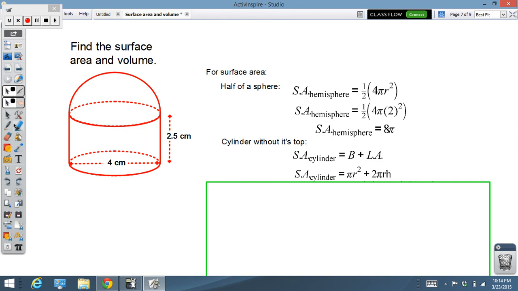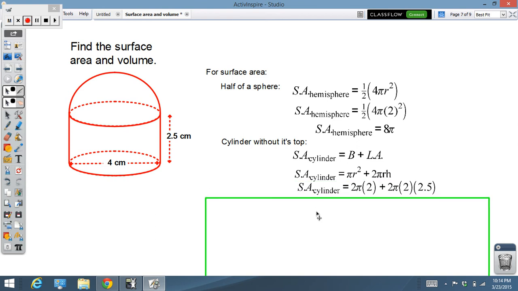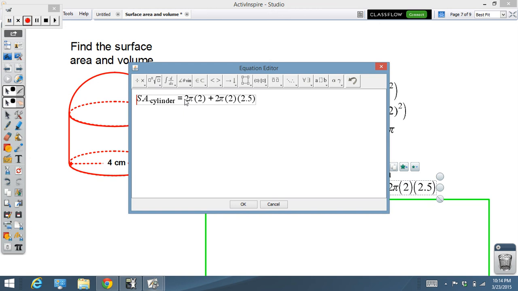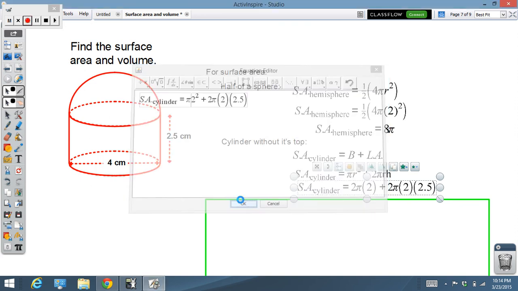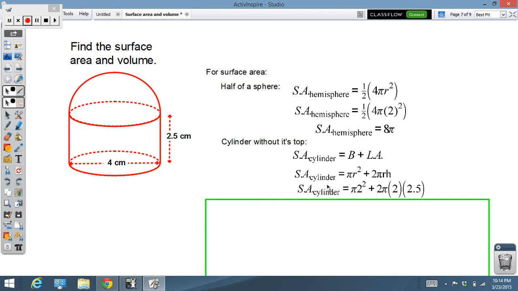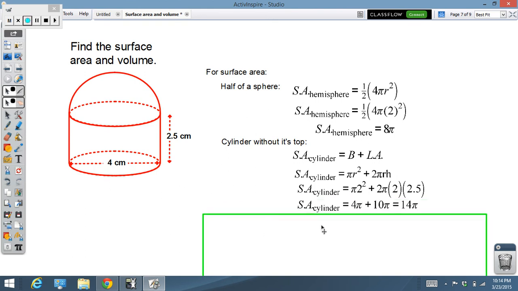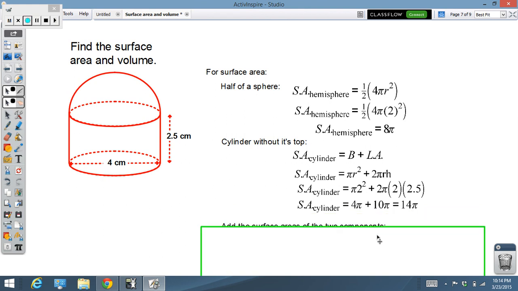The lateral area is 2 pi rh. It is pi r squared plus 2 pi rh. Still comes out to the same answer. That's 4 pi, and this comes out to be 10 pi. We end up with 14 pi.